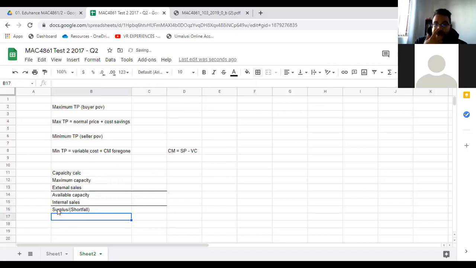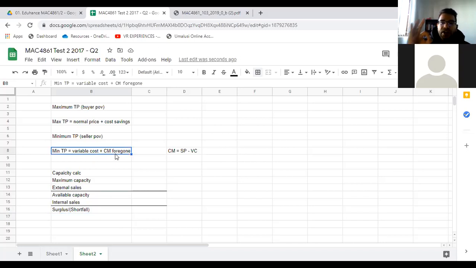If you have a surplus, then that means you have enough capacity to sell externally and internally. So that means contribution margin foregone will be zero because there's no opportunity cost. The moment you have a shortfall, that means you can't sell externally and internally. Something has to go. Whatever the shortfall is, let's say it's a 1,000 unit shortfall, then you're going to have to forego 1,000 external sales.